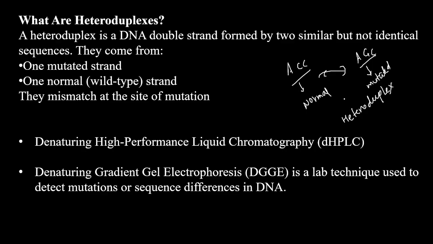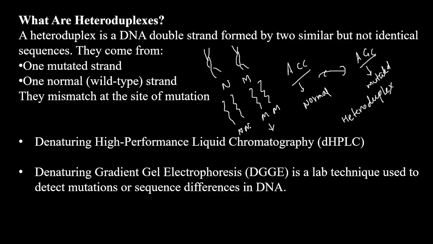Definitely they are going to form the homoduplex also, because this is your normal DNA, this is your mutated DNA, and both will separate. Normal will separate, mutated will separate. This is normal, this is normal, this is mutated, this is mutated.